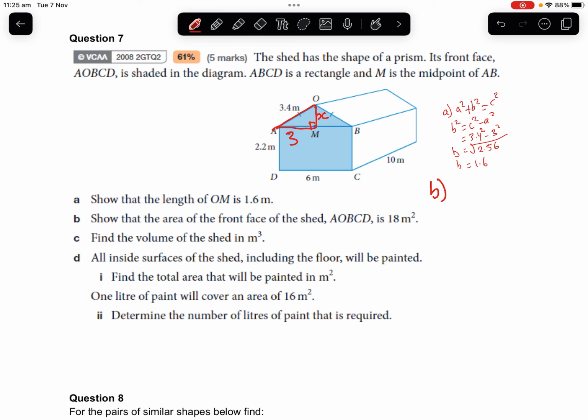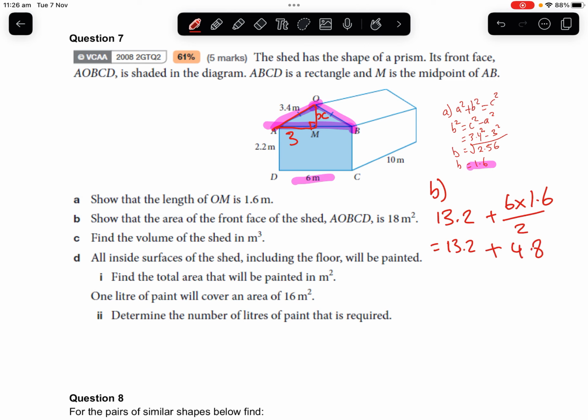The area of the rectangle part is 6 times 2.3, which gives 13.2. The base of the triangle is 6 and the height we just found is 1.6, divided by 2: 6 times 1.6 divided by 2 equals 4.8.